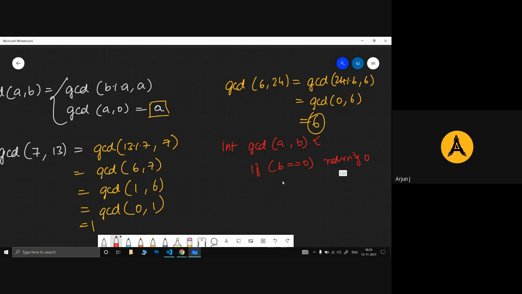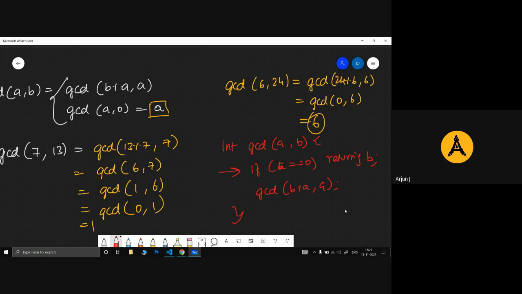If a equals 0, in that case, we would be returning b. Otherwise, we call GCD of b mod a comma a. So this is a recursive function, and this is the base case. When a is 0, we return b. Otherwise, we recursively call b mod a comma a.